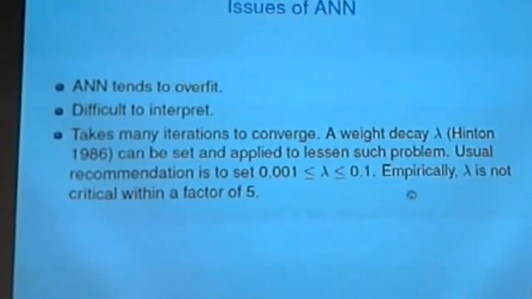And empirically, lambda is not critical within a factor of 5, meaning that if you choose, for example, lambda equal 0.001, and then you choose another decay about 0.004, the change is not so much, right? It's a fixed factor of 5, so it's not ideal. Okay.